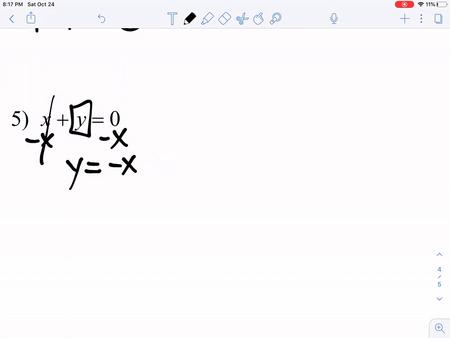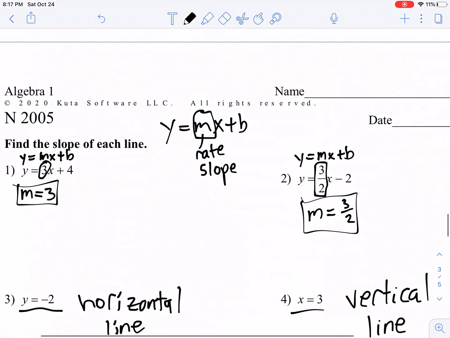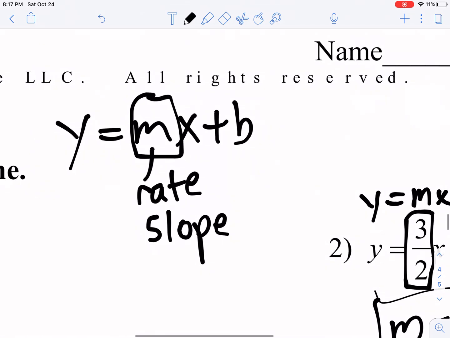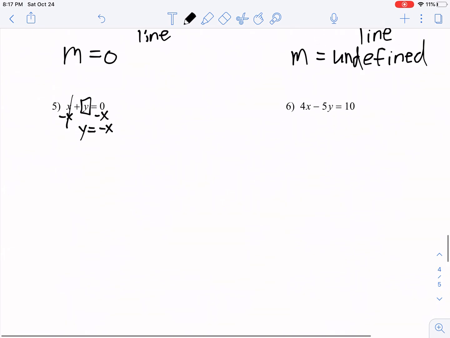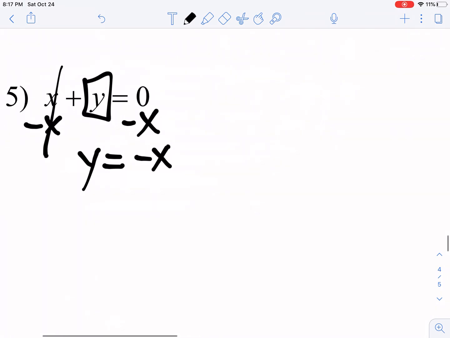Now, this is in our y equals mx plus b form. Remember, whatever number was in front of the x, that was the slope. What number is in front of this x here? Well, you might say, Mr. Pinksterhouse, there is no number in front of x. Don't forget, guys, if we don't see a number in front of x, we always assume it to be a 1.